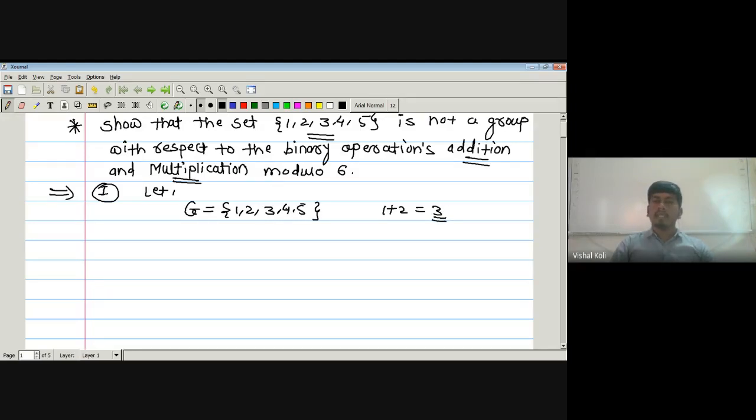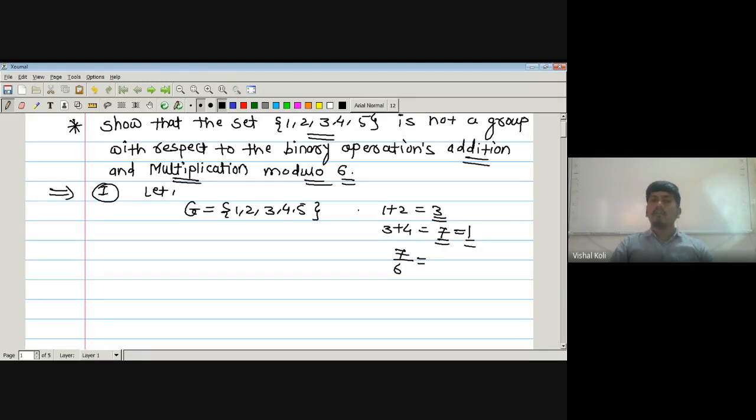But if we take 3 plus 4, which is 7, then under addition modulo 6 the value of 7 is 1, since we divide 7 by 6 and take the remainder. As we divide 7 by 6, the remainder is 1. So the value of 3 plus 4, which is 7, under modulo 6 is 1.